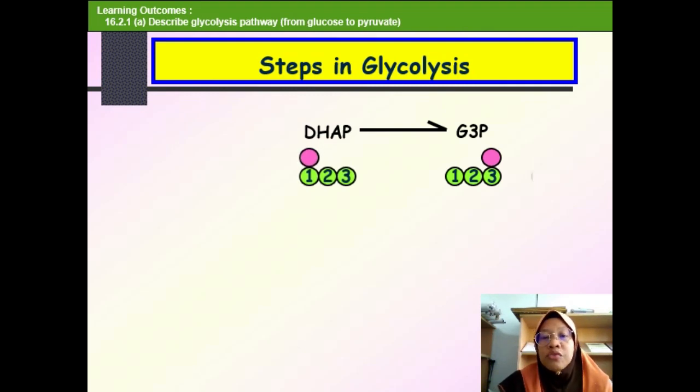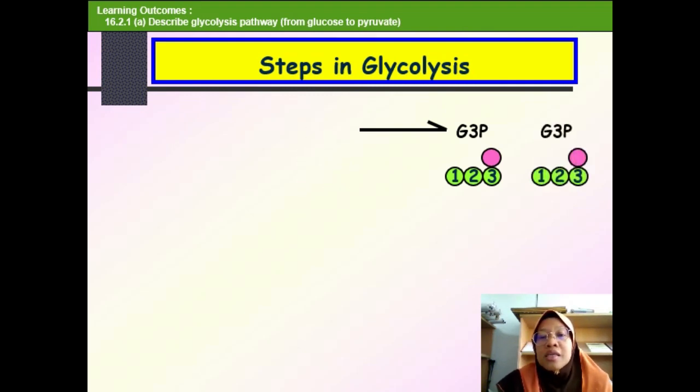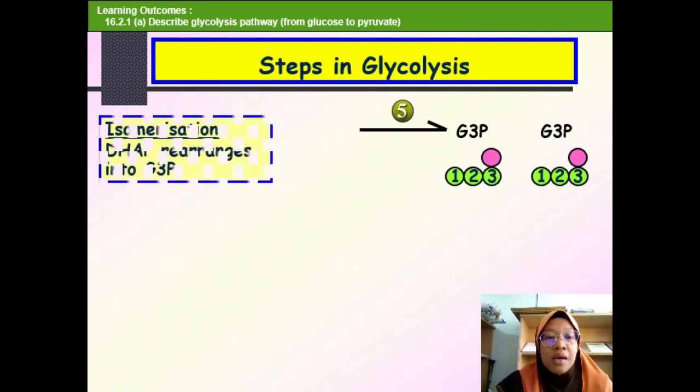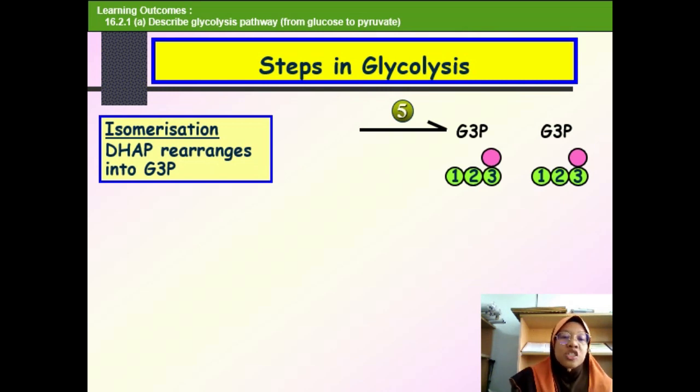So bila kita convert dia, okay, so DHAP kepada G3P, so you will get 2 G3P molecule for 1 glucose molecule. Alright, so dapat 2 molekul G3P. So this is the 5th step, iaitu isomerization. DHAP rearranges into G3P. Okay.